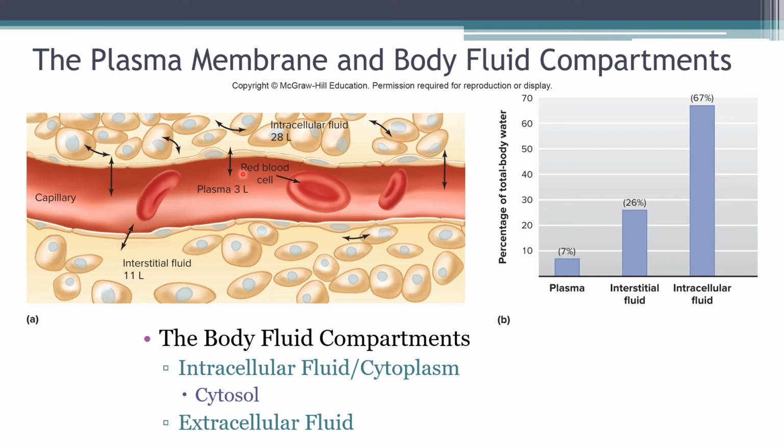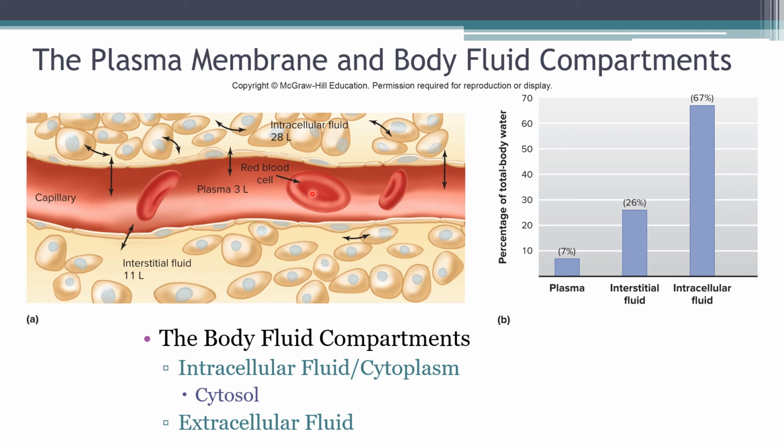So you'll have the extracellular fluid that makes up the inside of your blood, and then the extracellular fluid that's immediately around the cells themselves. The extracellular fluid immediately around the cells is called interstitial fluid, and interstitial fluid is the second largest fluid compartment, about 26% of body fluid.